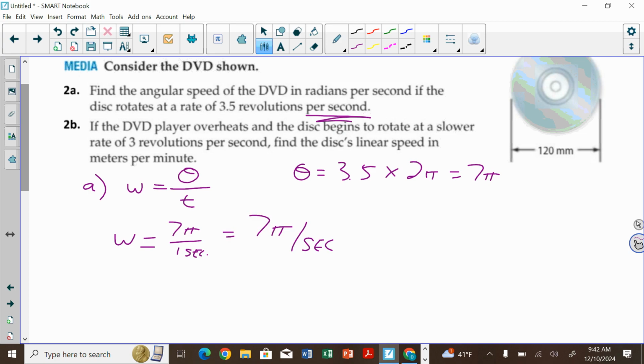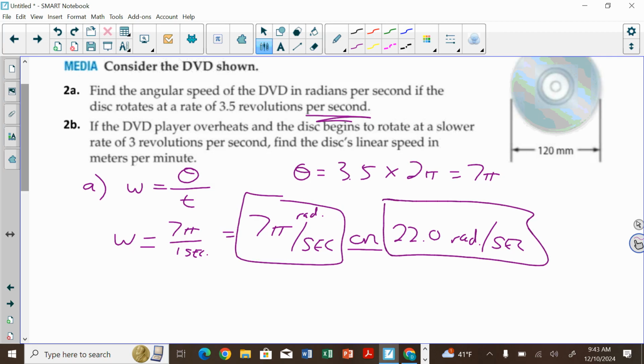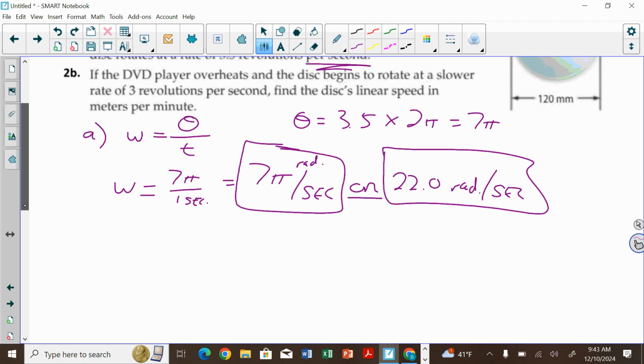Or since we're talking radians there, if I did 7 times pi, it would be about 22 point something, I think there's a little bit of change, radians per second. So 7 pi radians per second. Either one of those would work. I like it with pi. Pi is the exact value, because we're rounding if we use the other way.